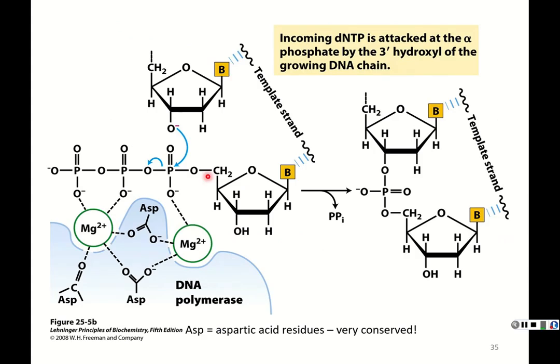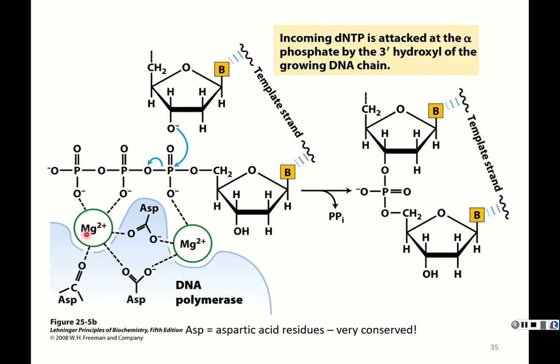This is just a picture, a little bit more detail of something that we've kind of looked at, the mechanism of how the polymerase works. If we have our template strand and our complementary base pairing, that free 3' hydroxyl is the one that's going to allow nucleophilic attack to the incoming nucleotide triphosphate.